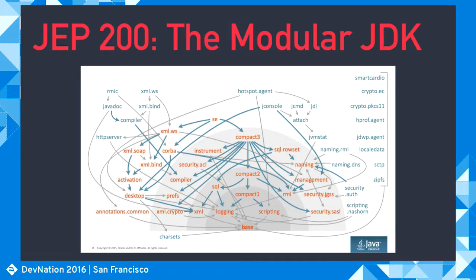This is a picture of the module graph of the JDK itself. And if you just see that on a slide, it kind of looks horrible, doesn't it? That's because the JDK is pretty big, and that means there's a lot of modules. You don't actually have to remember all this stuff or even understand it, but there's a few things that you will see here. At the bottom we have a java.base module.